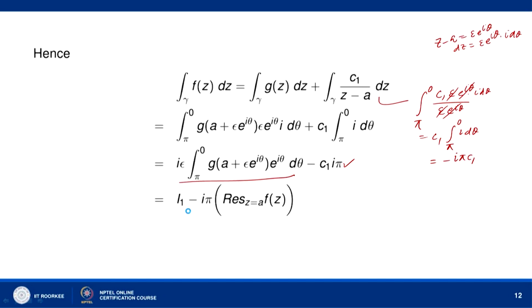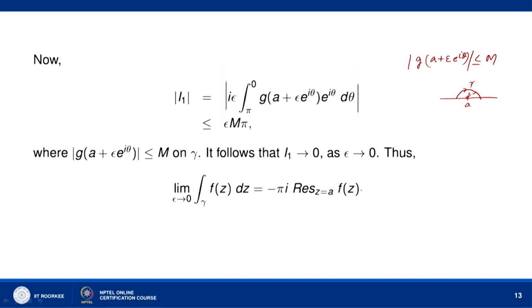And therefore, the limit as epsilon goes to 0 of the integral over gamma of f(z) dz is equal to minus i pi into the residue of f(z) at z equal to a. So, this is what we get. This is how we evaluate the integral along the semicircle gamma of sufficiently small radius.